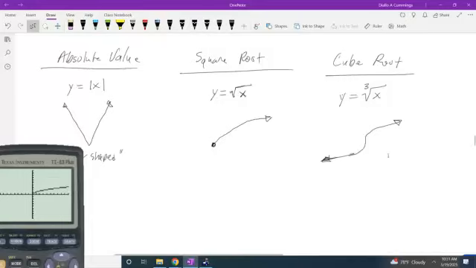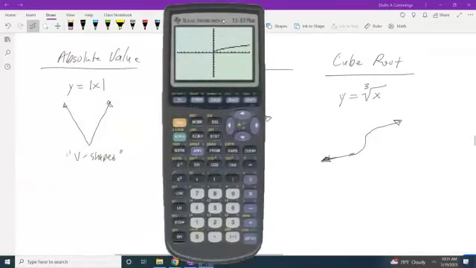If we graph the cube root of x in our calculator, I'm going to go to y equal. I'm going to clear this out. And if I go into math, the fourth function is a cube root key. The fifth function, just in case we need to use it, hadn't shown up so far.